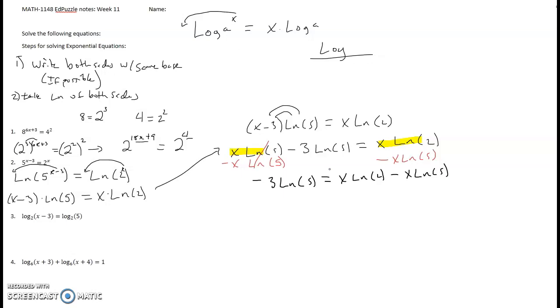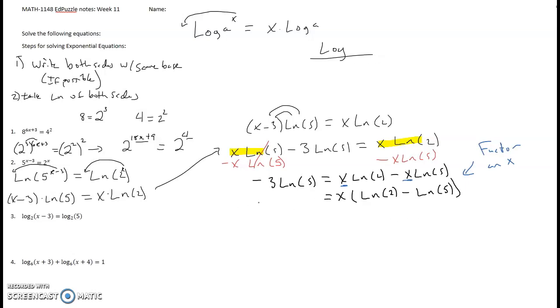Now take a look. Do you see what these both have in common? These both have an x in common. So we factor an x. So we're going to take an x out of that left-hand side. So what that's going to leave us with is x parentheses ln of 2 minus ln of 5.